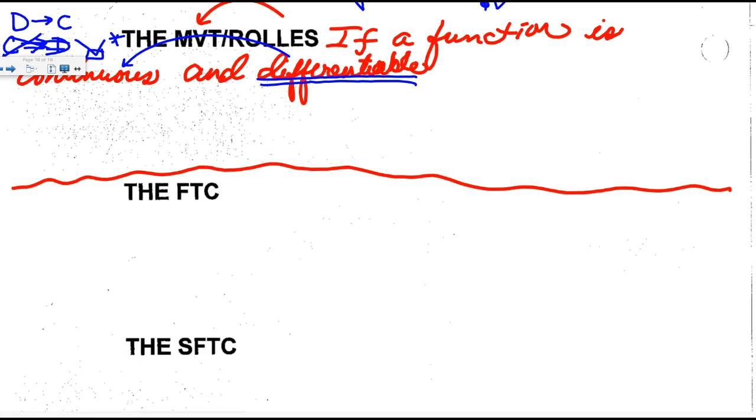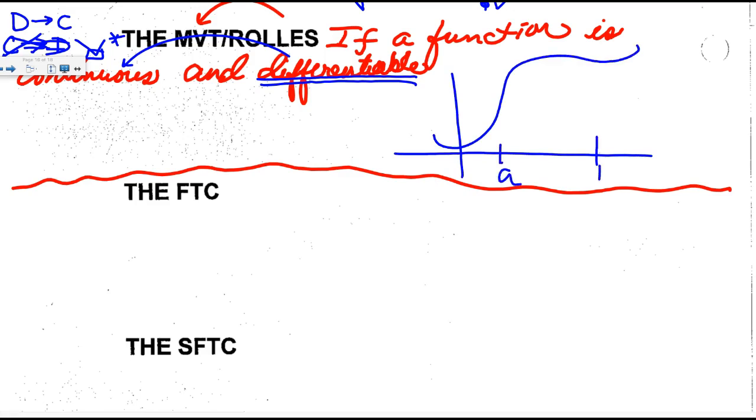All right, what does the MVT say? Well, graphically it says that on any closed interval from a to b, when I connect (a, f(a)) to (b, f(b)), there's got to be at least one spot. It guarantees the existence of this point such that, oops, sorry, that's actually not the right spot. I want to draw it in the right spot, such that the slope of the tangent line runs parallel to the slope of the secant line.